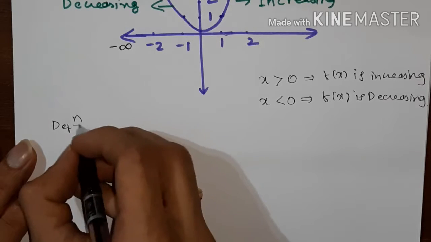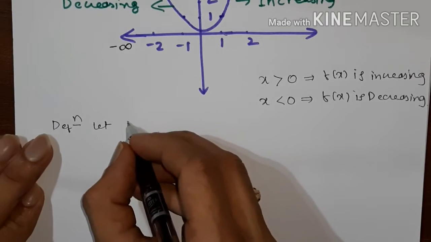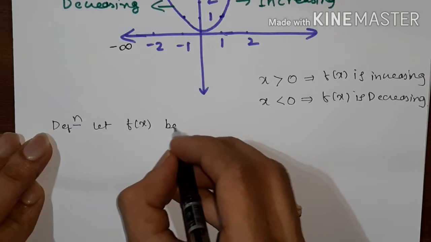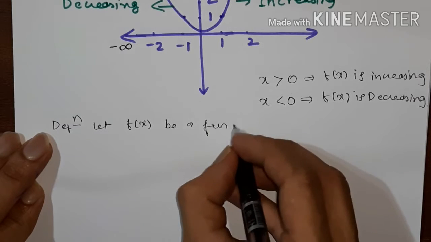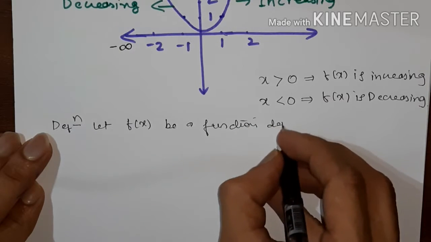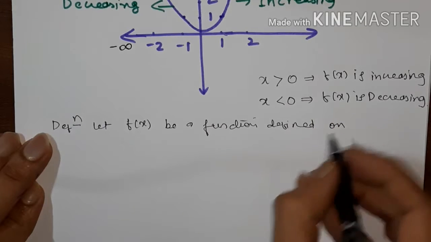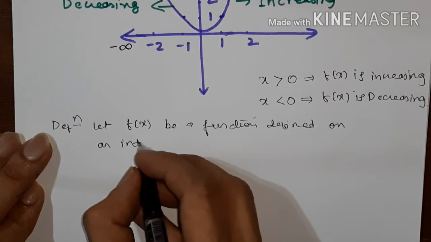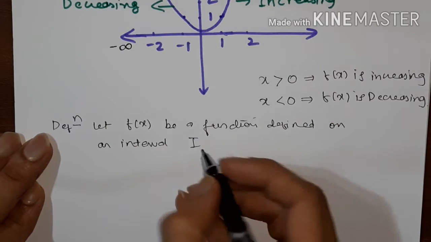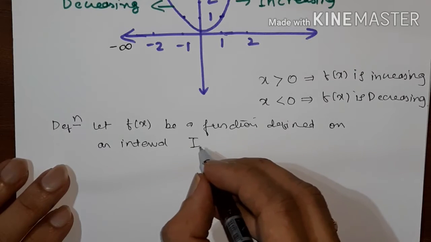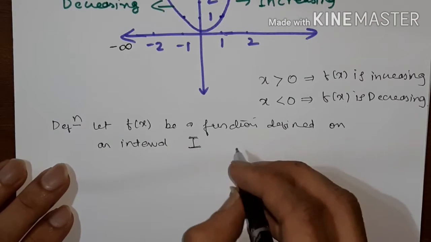Definition: let f(x) be a function defined on an interval I. This is the interval on which the function f(x) is defined.